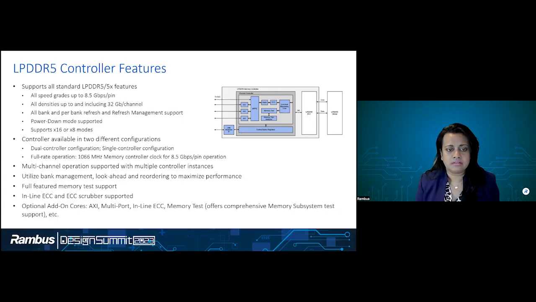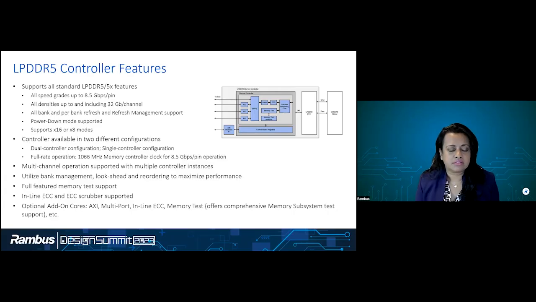Now, in a single controller configuration, you will have a single controller interfacing to the two memory channels simultaneously, and the two 16-bit memory channels in that case are combined to form a 32-bit interface to the memory controller. So you can choose either of those options based on your design needs.